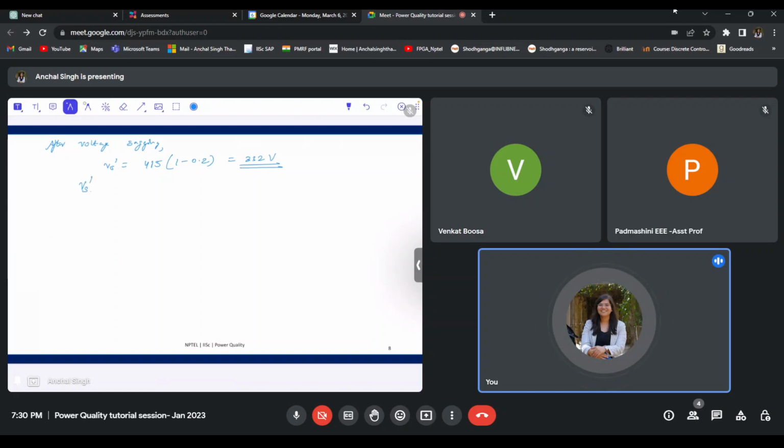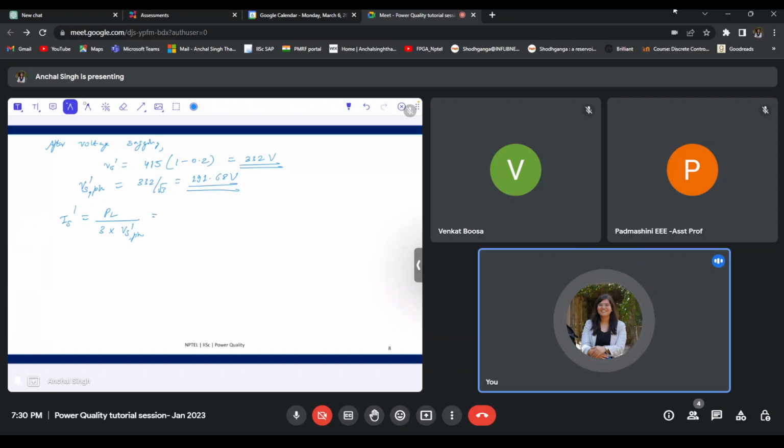So Vs dash, this is the line voltage. We can calculate the phase voltage as 332 by root 3, which gives me 191.68 volts. Now from this I can calculate Is dash, which is given by PL by 3 times Vs phase dash.